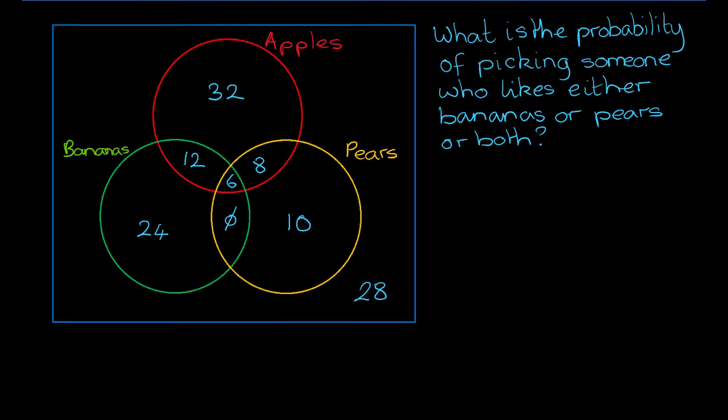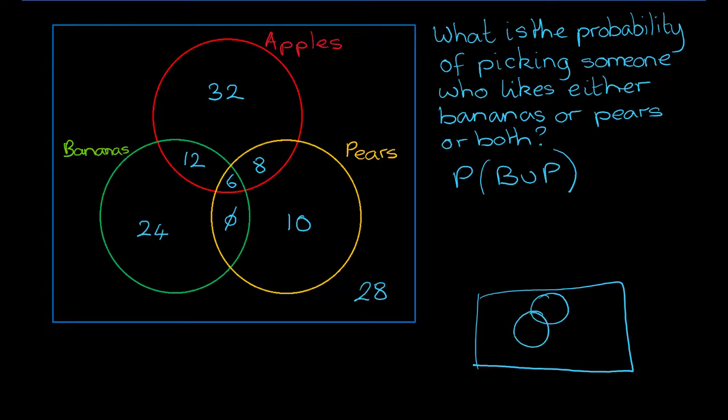This next one, we're being asked the probability of picking someone who likes either bananas or pears or both. So that's the probability of B union P. Have the same bottom, 120. Let's use this diagram to work out what region we are interested in.